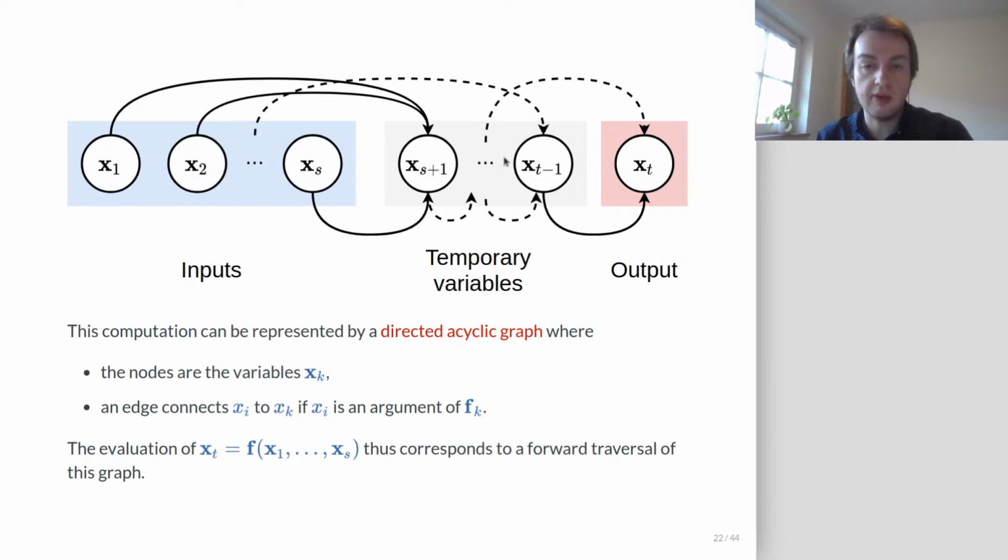And each one of these variables, the temporary or the output variable, is computed by some function fk, which is basically defining the creation of a new variable xk as the application of some function to some of the previous quantities, some of the previous variables. So one of the inputs or some of the temporary variables.